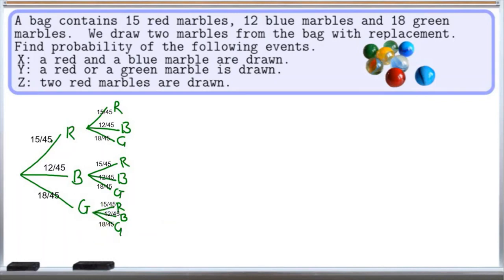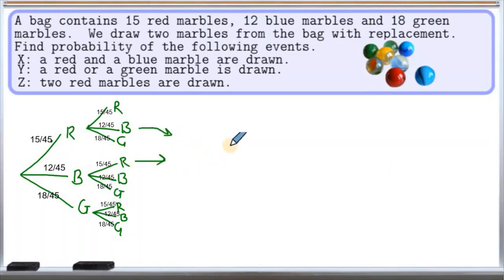Now let's find the probabilities of these 3 events, X, Y, and Z. Event X says we get a red and a blue marble. So looking at the tree diagram, we have these 2 branches giving us red and blue.